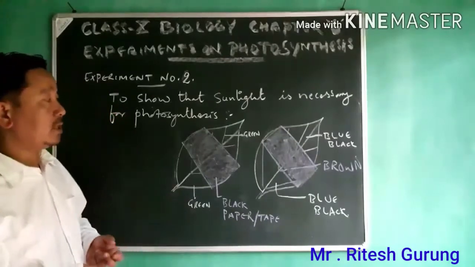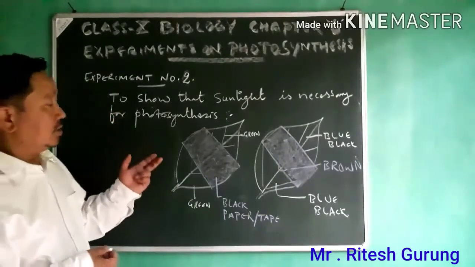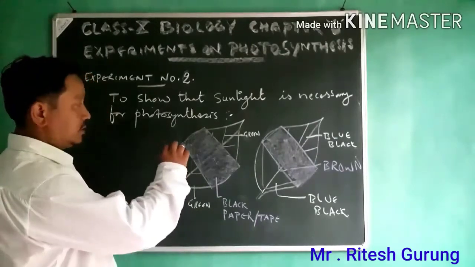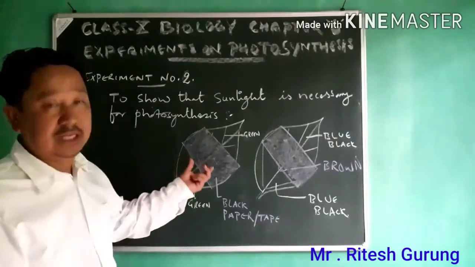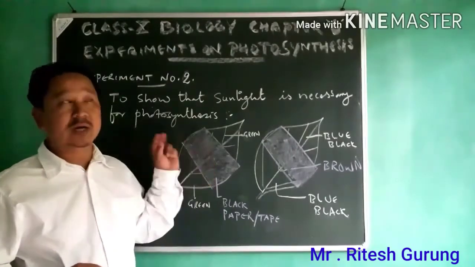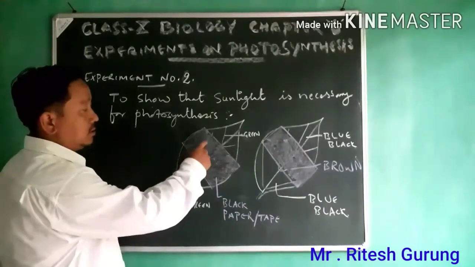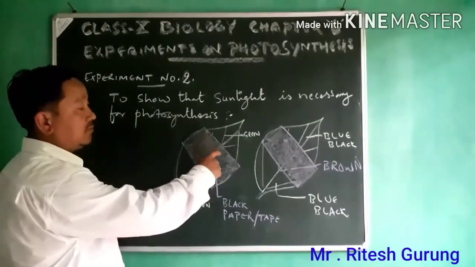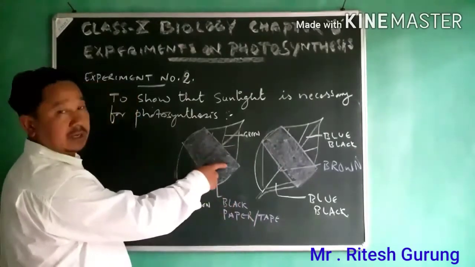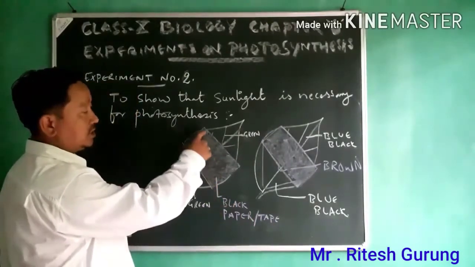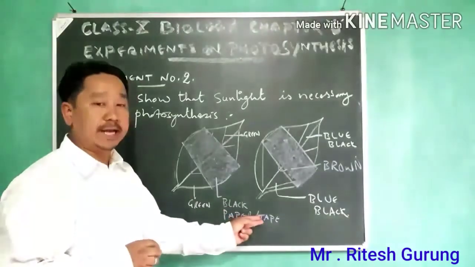Then after discharging, consider one of the leaves and cover the middle portion of that leaf with black paper or tape like this, as I have drawn out here. This middle portion has been covered with the black paper or tape.